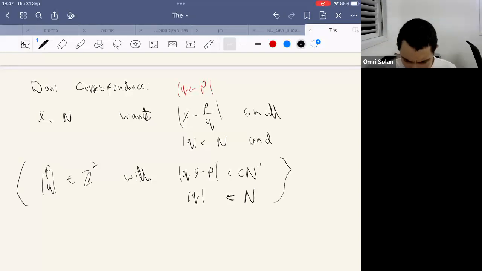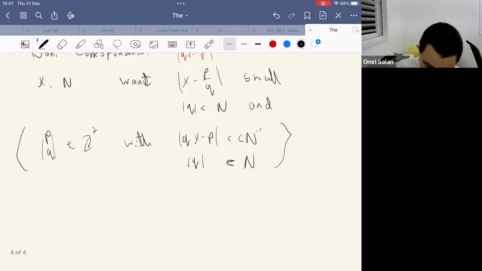Why did I write qx minus p less than c n inverse? It makes sense if I want to ask is there an approximation such that qx minus p is less than c, which is an equivalent question to trying to minimize this quantity.